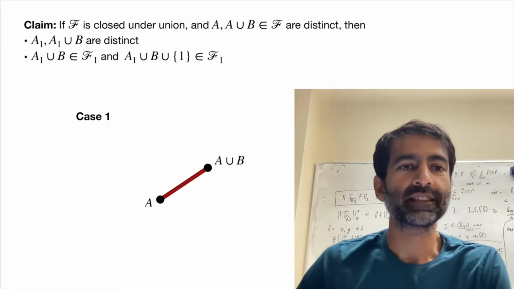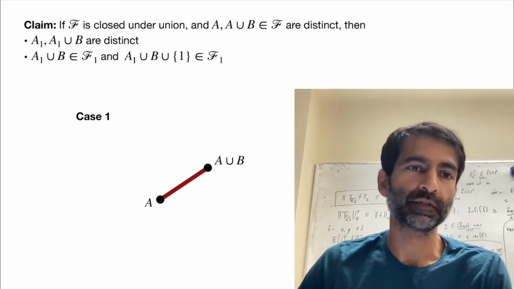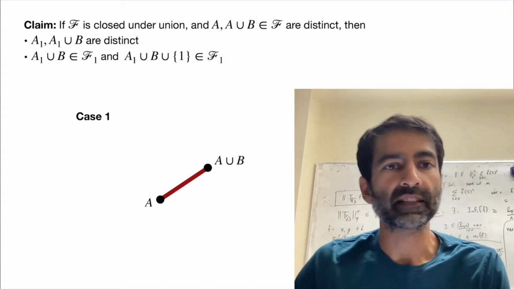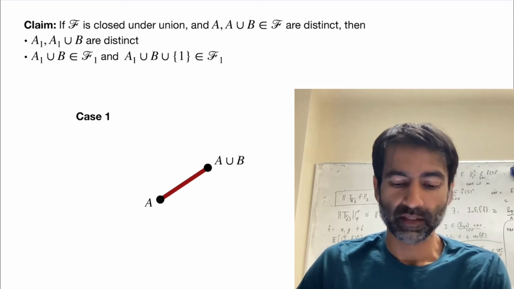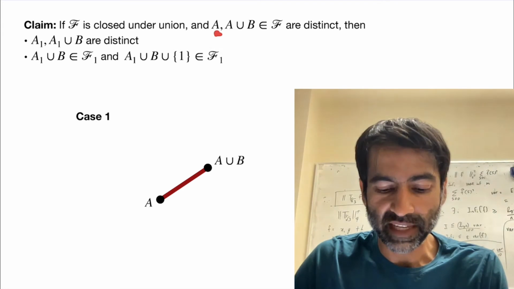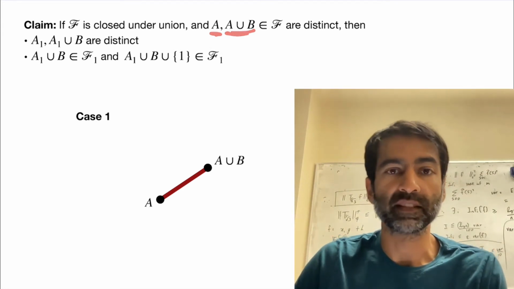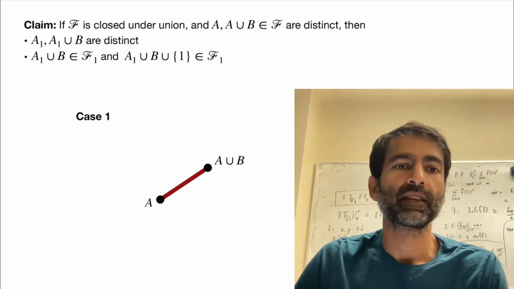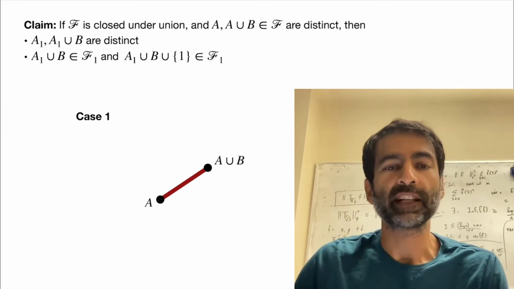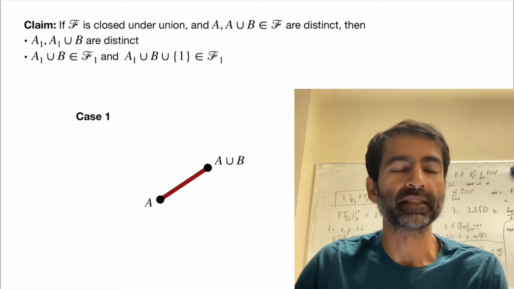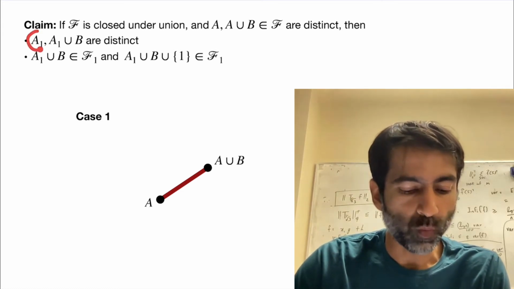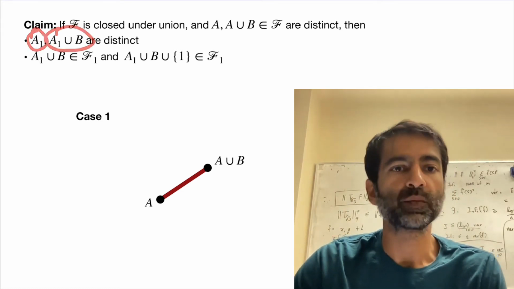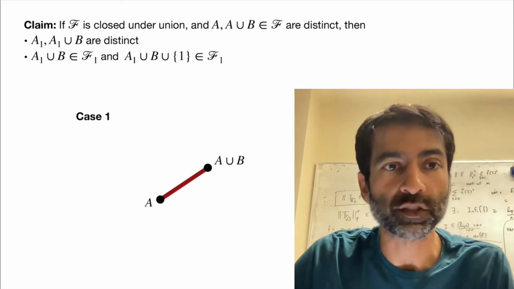Now, here is the key technical claim of the proof. It says that if your family is closed under union, and if you have two sets A and A union B that are distinct from each other, then after you try to add an element, let's say you try to add the element 1, the sets A1 and A1 union B will also be distinct from each other.